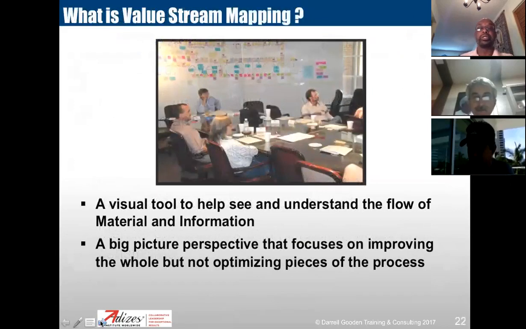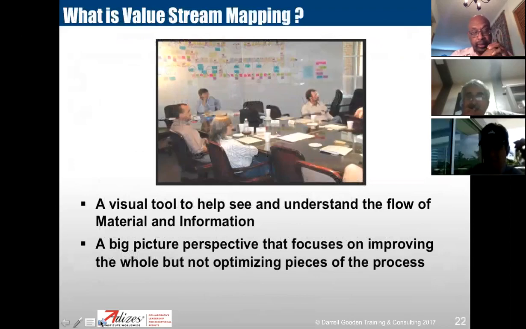Okay, here you see a picture on the wall back there of folks who have developed a value stream map. It's nothing more than a sticky, a Post-it note, using butcher paper on the wall. It's not real sophisticated.